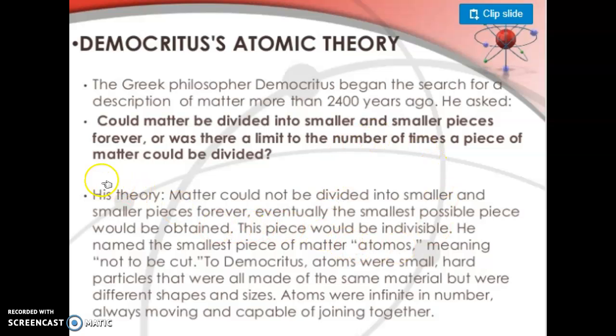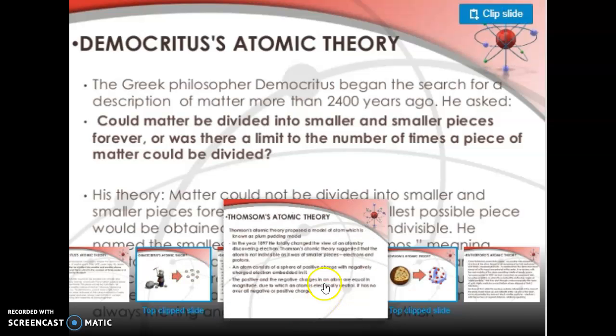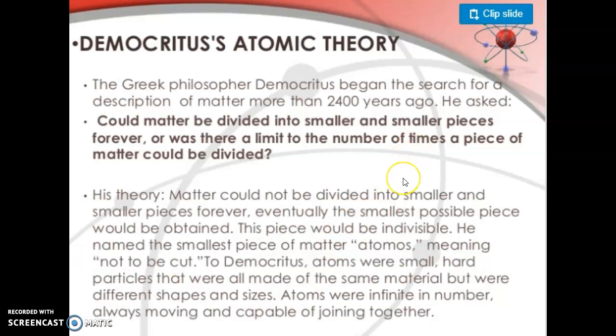So here comes his theory: matter could not be divided into smaller and smaller pieces forever, and eventually the smallest possible piece would be obtained. This piece would be indivisible, and this smallest piece of matter is called an atom. Atoms were infinite in number, always moving and capable of joining together.